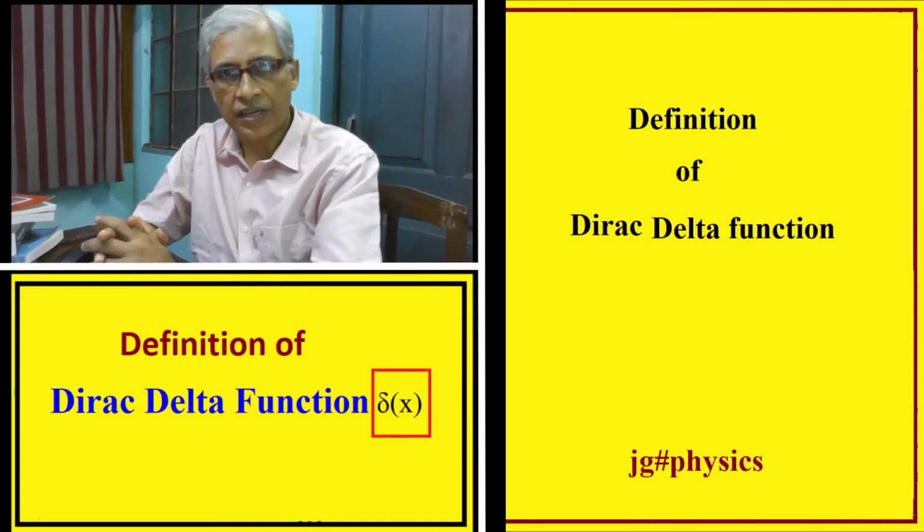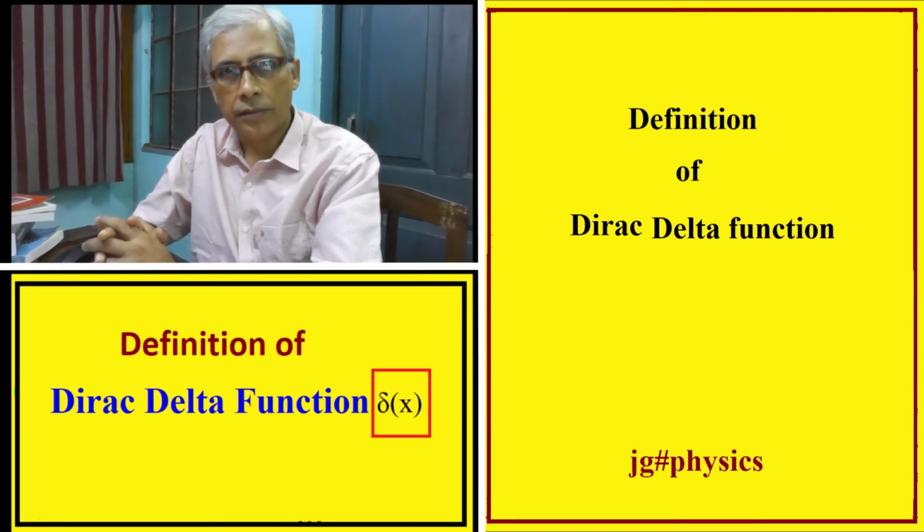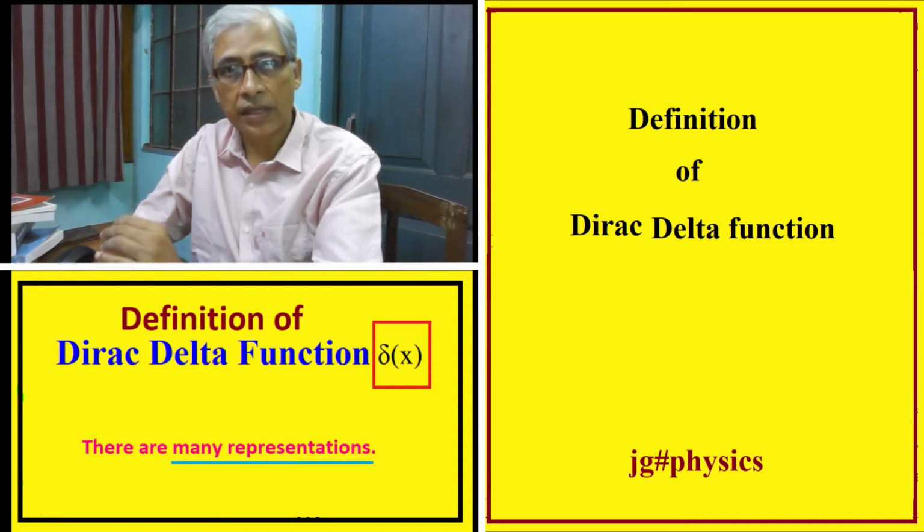Let us now define the Dirac delta function denoted by delta of x, x being the argument of delta. We can define the Dirac delta function in multiple ways. Look at it from multiple angles. That is, we can attach multiple interpretations to the Dirac delta function.